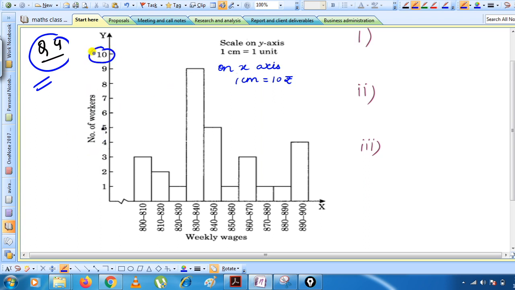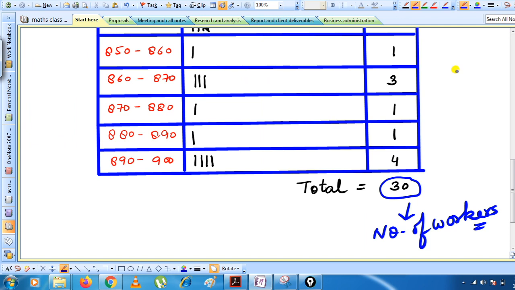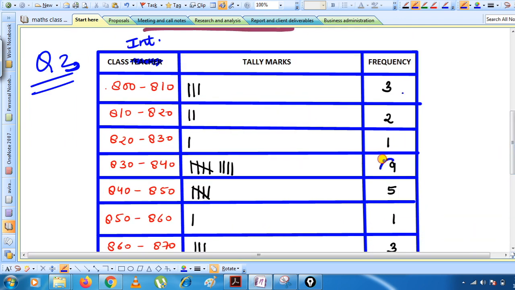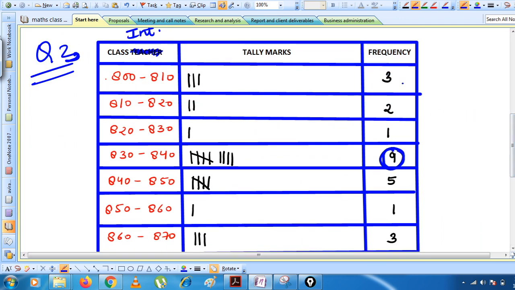The number of workers was 30 and the maximum number here we have taken is 10. So actually, this number of workers is representing frequency. If you check the maximum frequency in the previous question's solution, the maximum frequency you were getting was 9.